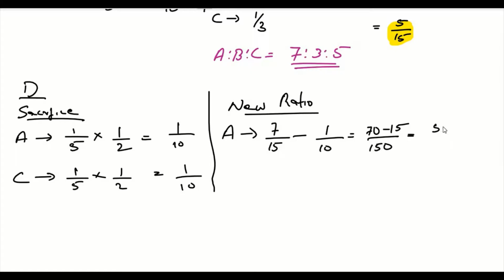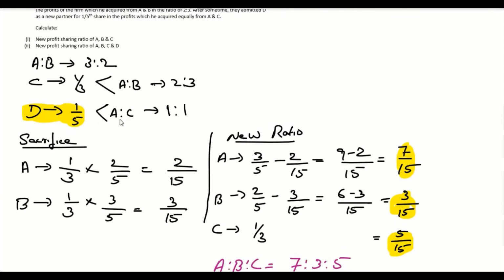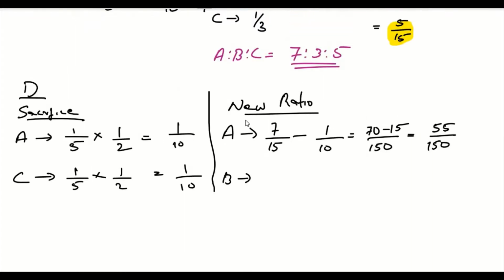That is equal to 55 by 150. Now for B's case, he is not doing any sacrifice because on D's admission the sacrifice is made by A and C. So B will retain his share, that is 3/15. Now if I wanted to keep a common denominator here, then it is going to be 30 by 150.